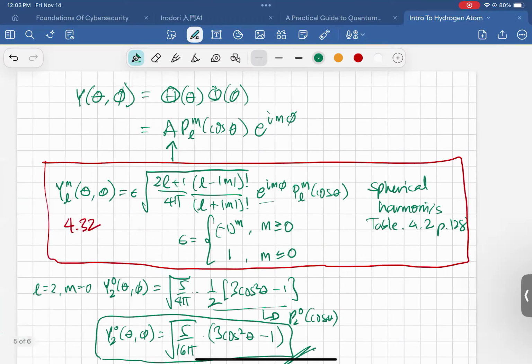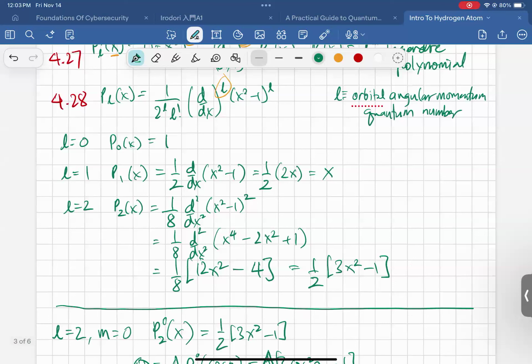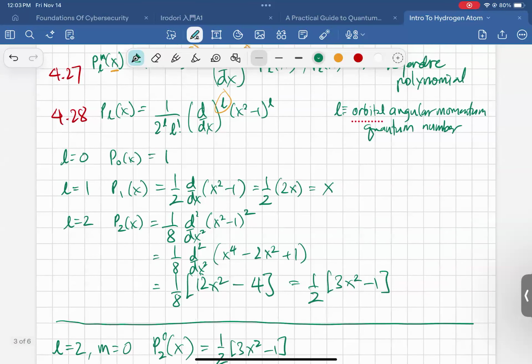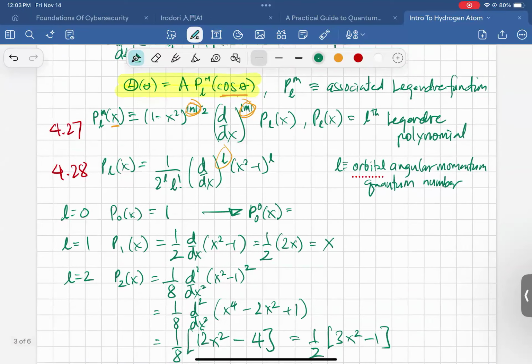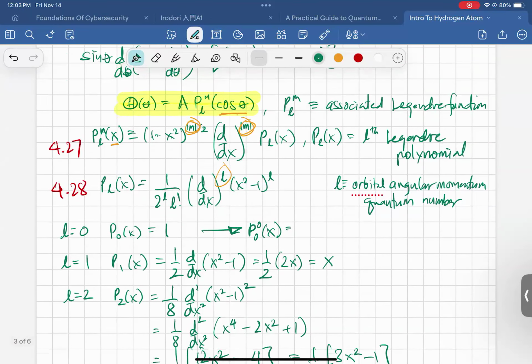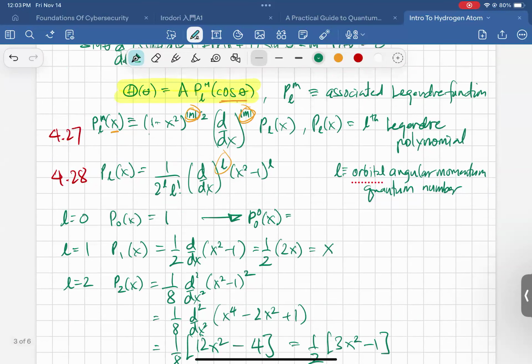We already know this, P00. Actually, hindi pa pala natin alam. So if we use 4.27, ang P00 of x is 1 minus x squared raised to the 0, so that's 1, and then 0 derivative ng P0 of x.